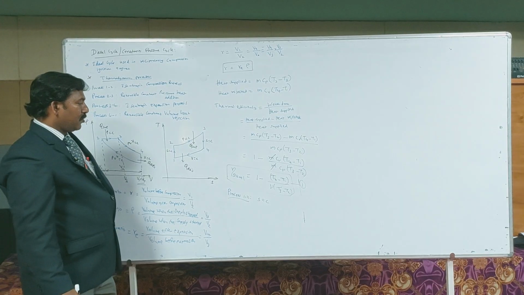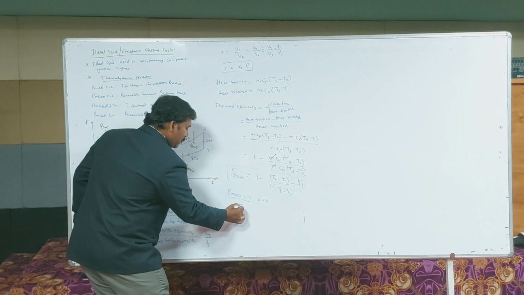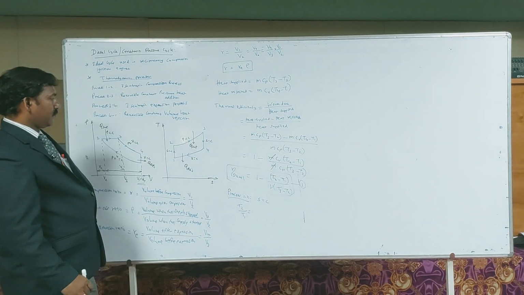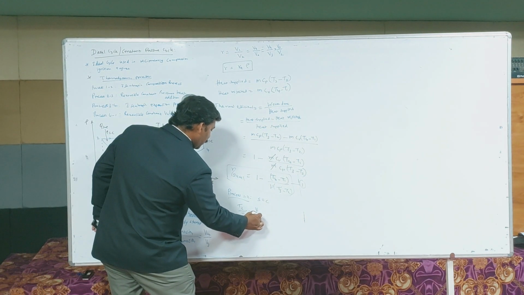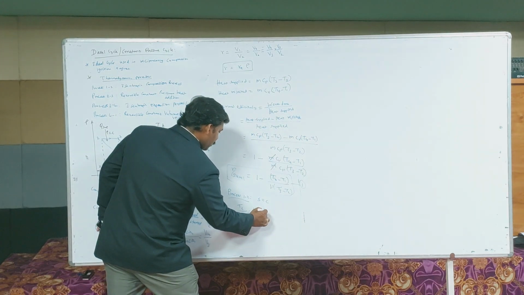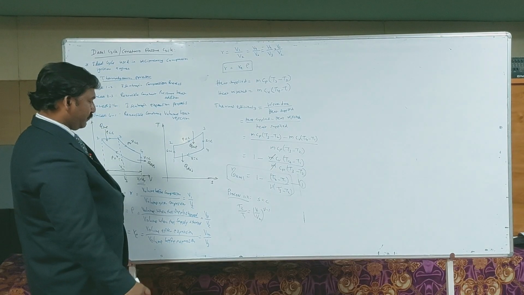We know for an isentropic process T2 by T1 is equal to V1 by V2 power gamma minus 1.